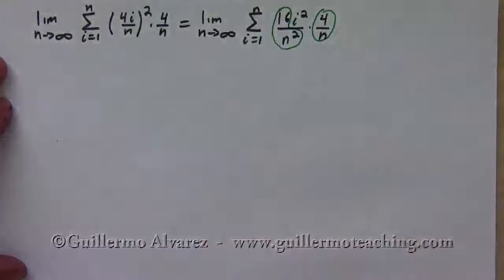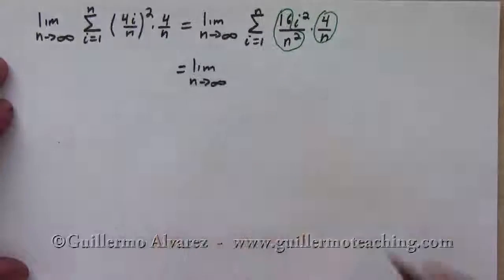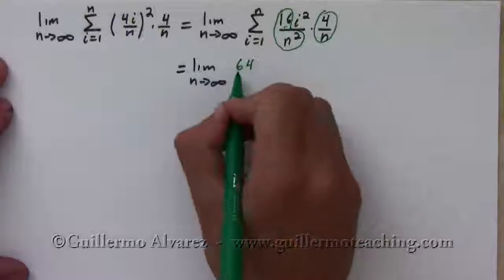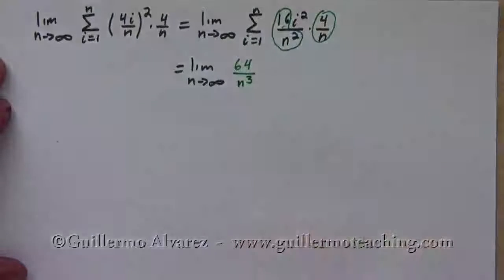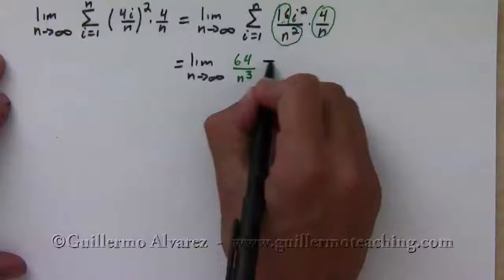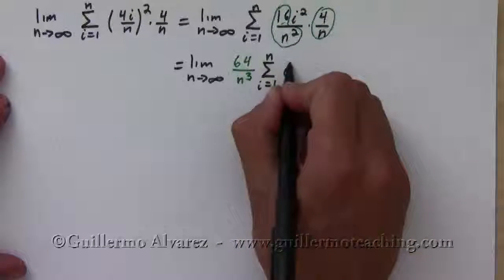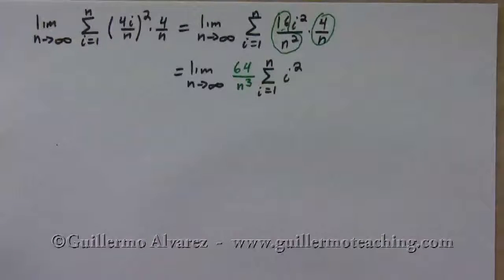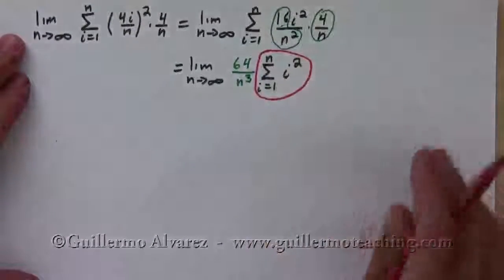If we take them out, this is going to equal the limit as n goes to infinity of 64 over, taking out the n squared and the n, n cubed, times the sum from 1 to n of I squared. Okay, now this we know what this sum is equal to.